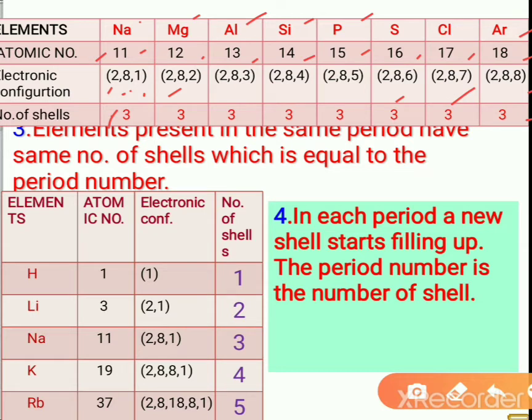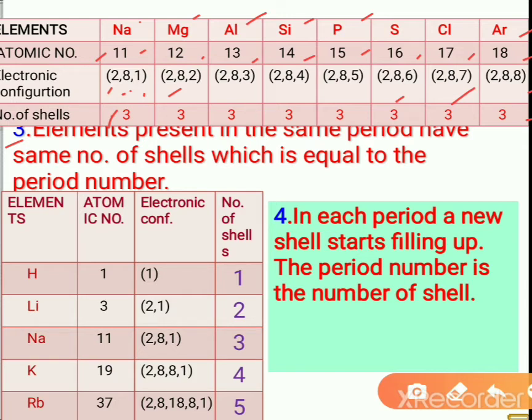Students, from this we can conclude one property of elements, that is, elements present in the same period have the same number of shells, which is equal to the period number. Means here elements from the same period are given and they constitute the same number of shells.